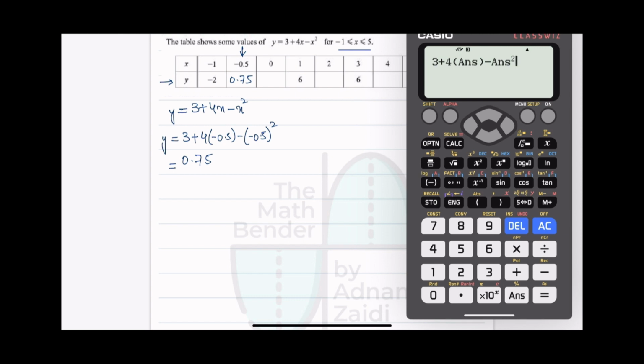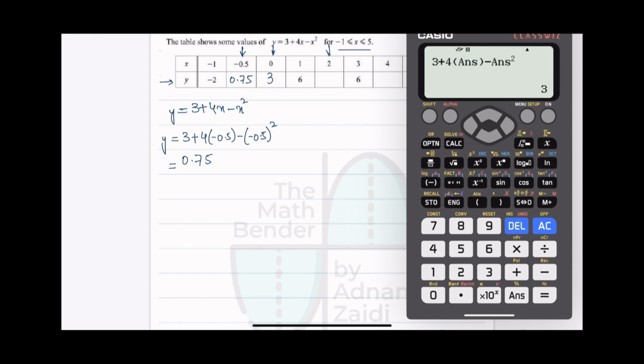Press equal to, and now whatever value you want to take, say you want the value at 0, you press 0 and equal to. Now this value of 0 is fed into the answer tab, and when you go up to this equation and press equal to, you get 3.